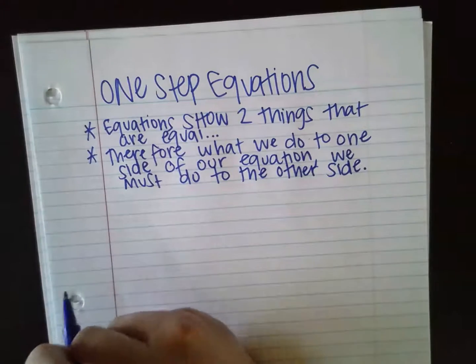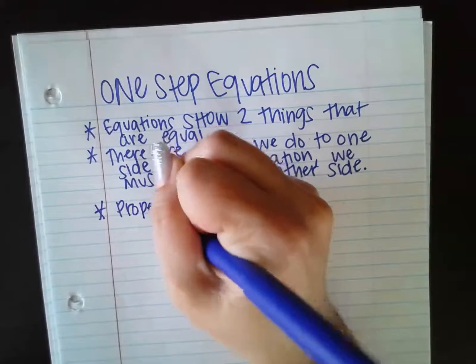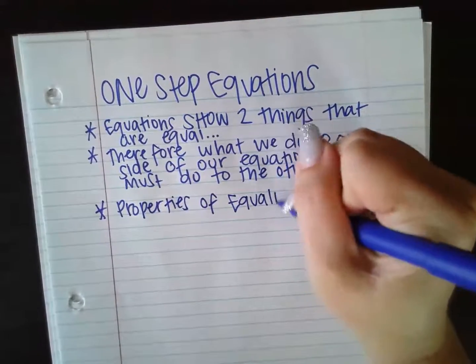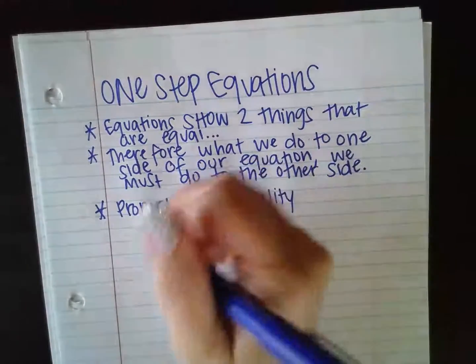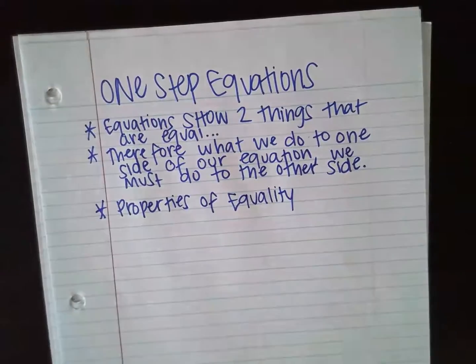Okay, so to show you what I mean by this, we're going to talk about something called the properties of equality. So when we are working with really any kind of math problem, we have our four operations.